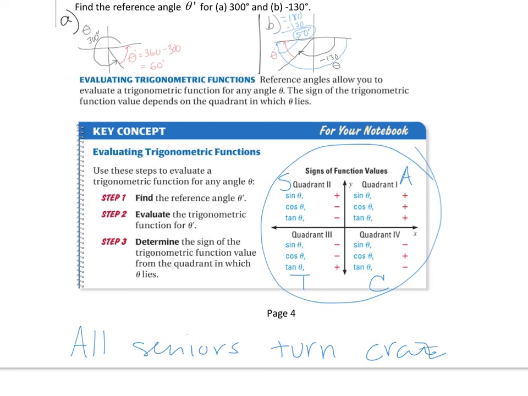And it's the expression, all seniors turn crazy. All right? And the A represents all trig functions being positive in the first quadrant. The S represents the sine being positive in the second quadrant. T represents tangent being positive in the third quadrant. And finally, C represents cosine being positive in the fourth quadrant.